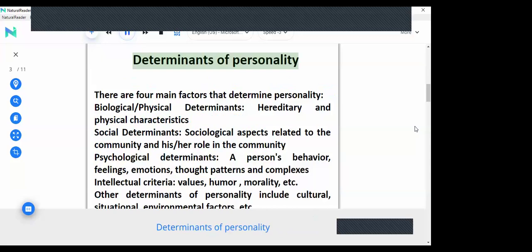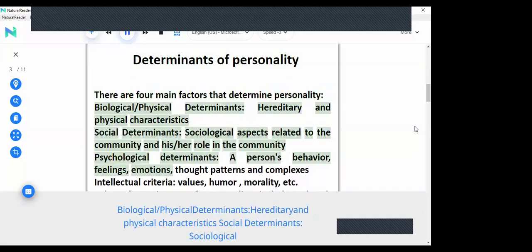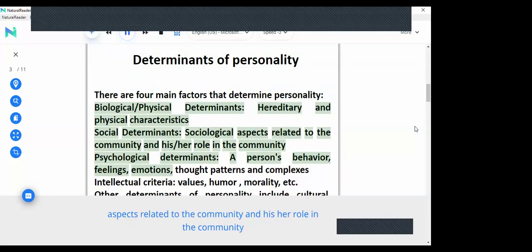Determinants of personality. There are four main factors that determine personality. Biological or physical determinants: hereditary and physical characteristics. Social determinants: sociological aspects related to the community and his or her role in the community.